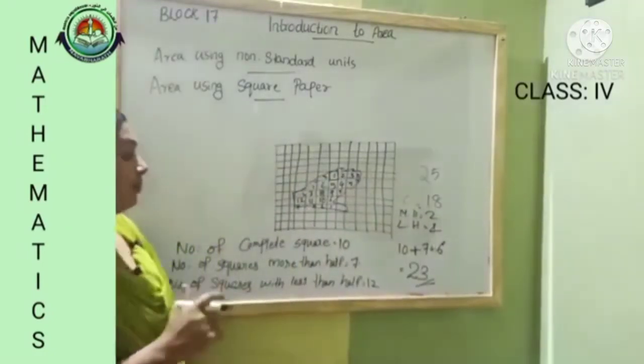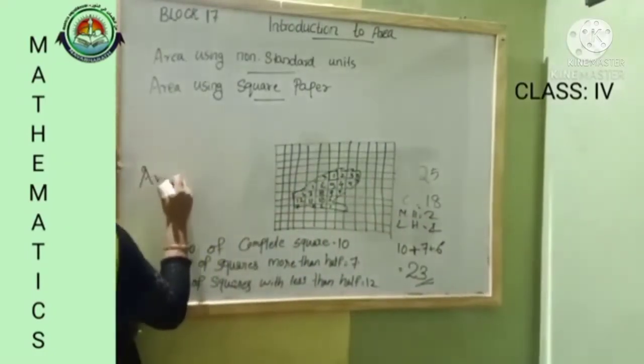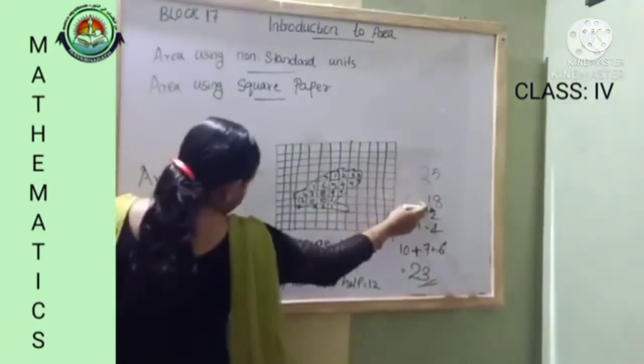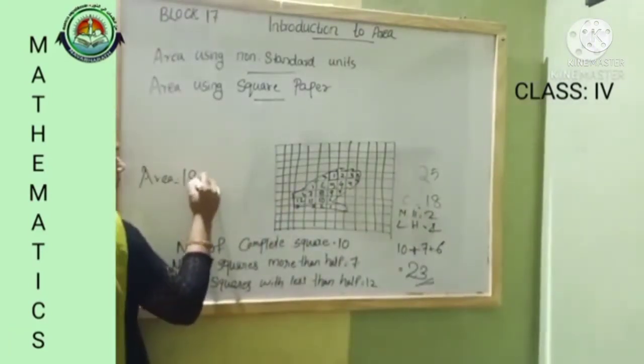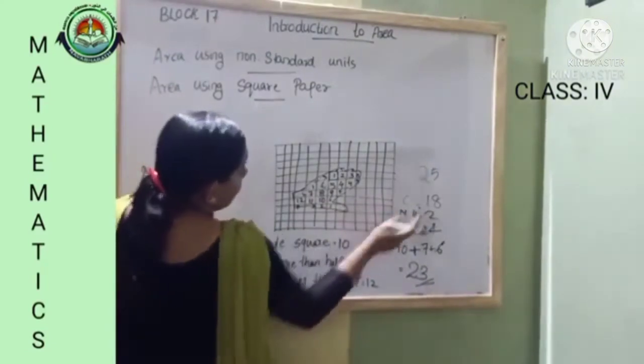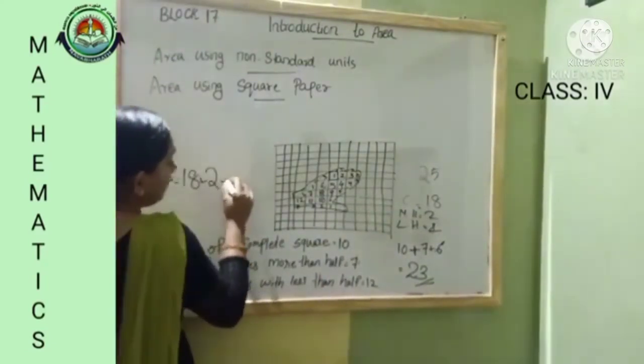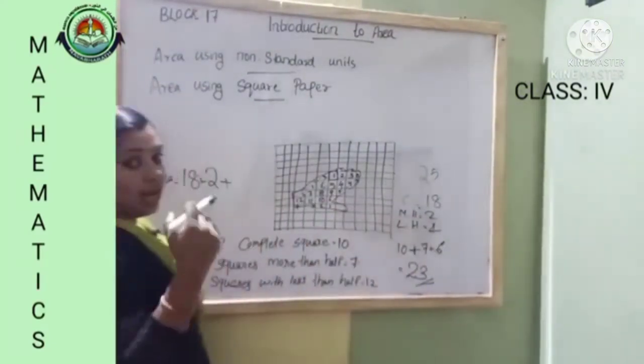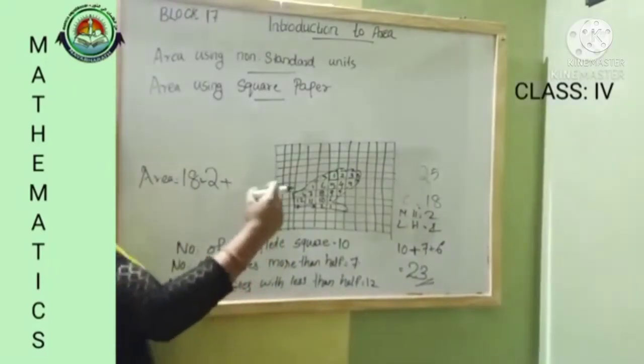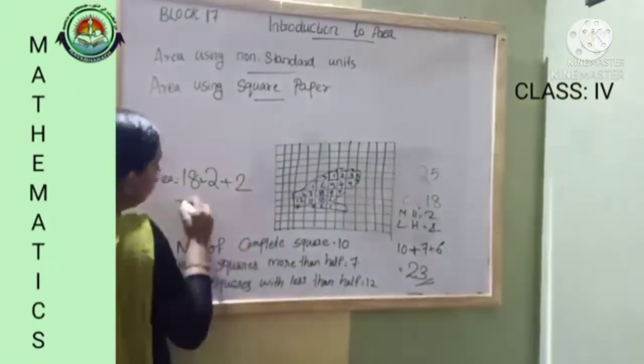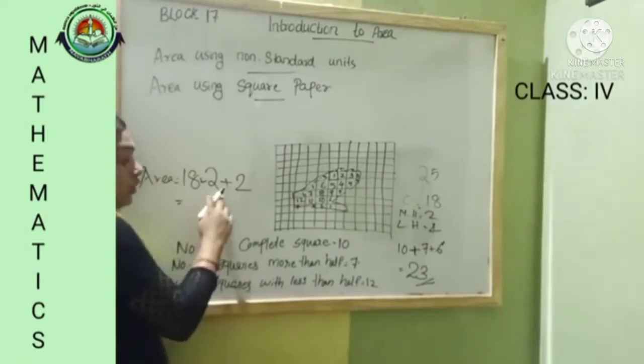Then what is the area? Area is equal to complete squares we are counting completely, more than half also completely, then less than half, we take half of the number. Here 4. So half of 4, 2. 18 plus 2, 20. 20 plus 2, 22.